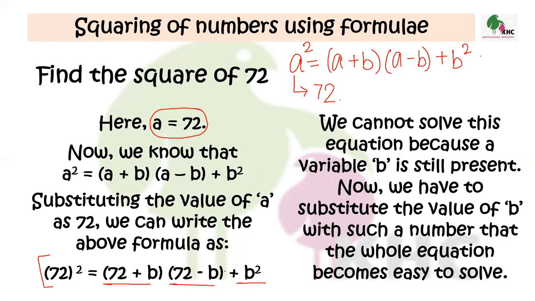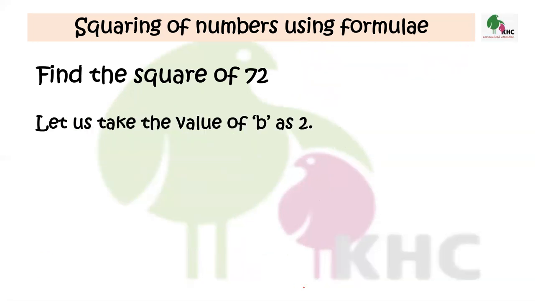Now you know you cannot solve this equation because b is still present. So now we have to look for some suitable value of b so that the whole equation becomes easy to solve. So this is our equation, all right? Now here we have considered the value of b as 2.